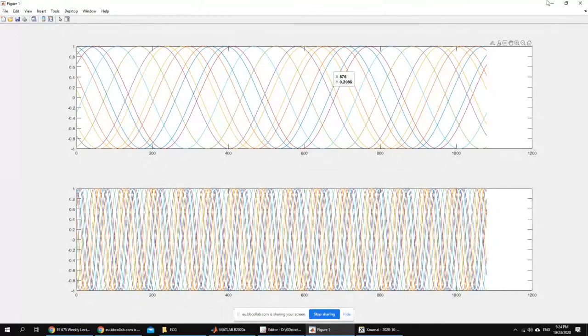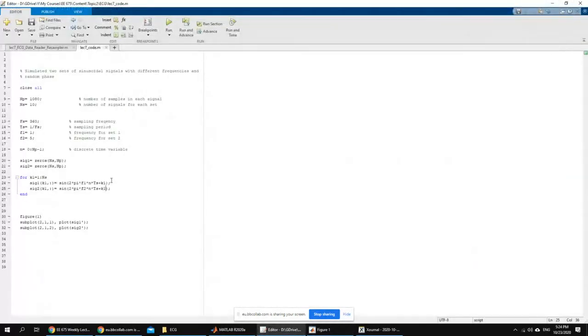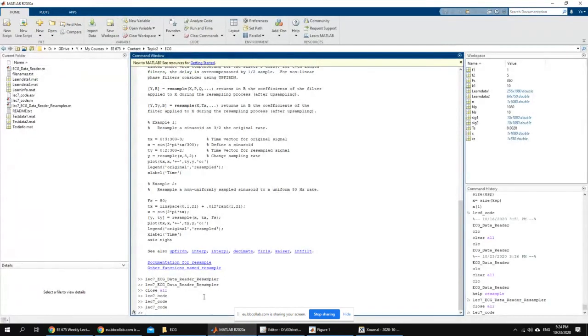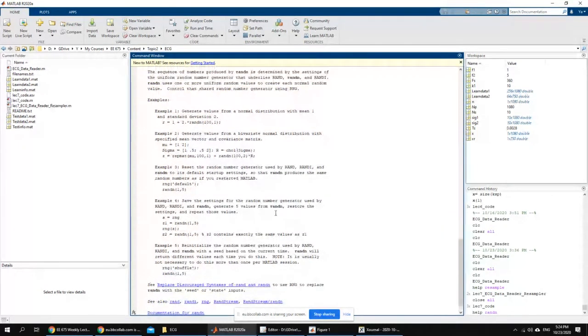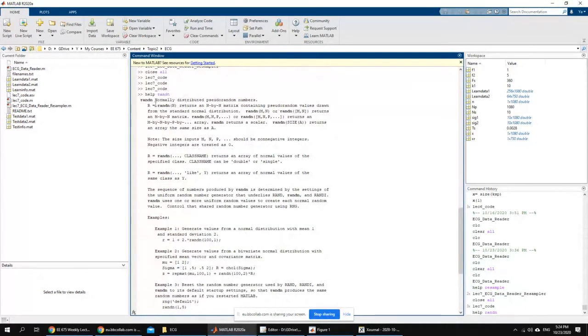So we need to generate a set of signals with random phase here. How can we generate a random phase? If we go to MATLAB, there is a very interesting function called randn. Randn is a random number generator. It generates normally distributed pseudo-random numbers, okay?